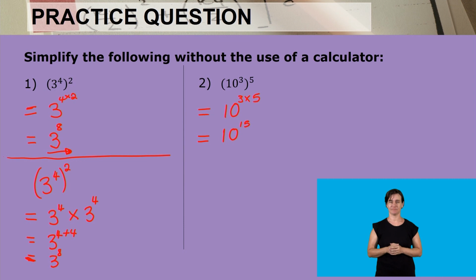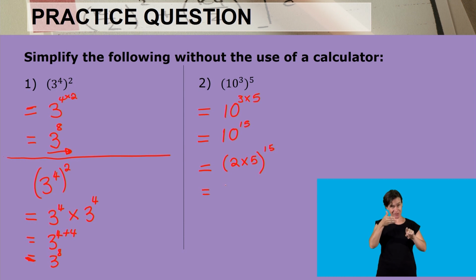Now remember, if we want to simplify this further, we can by factorizing that 10. We can say that 10 is 2 multiplied by 5. And now we have a product that is raised to an exponent.